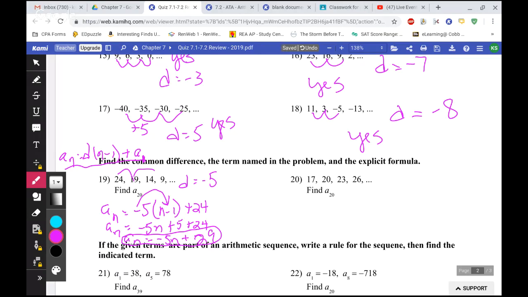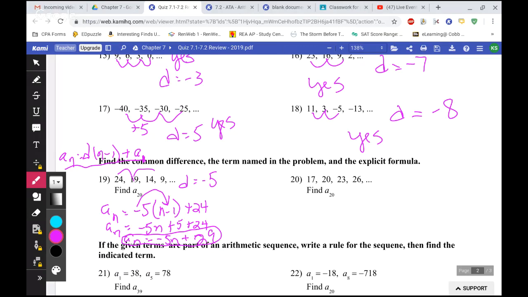See that? It's -5 times, and then the parentheses is N minus 1. So I have to distribute the -5 to everything inside the parentheses. I got you.